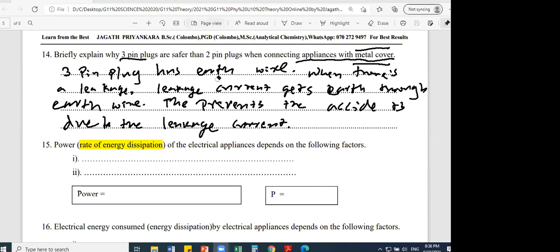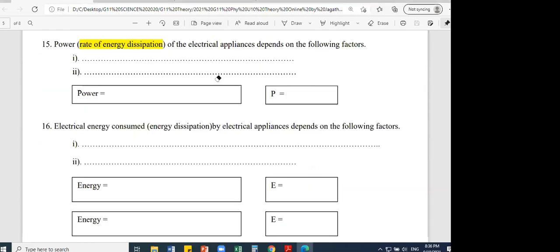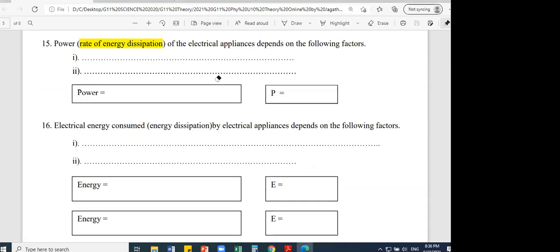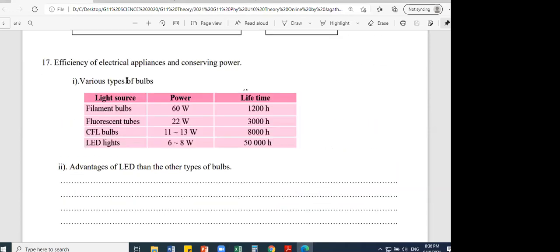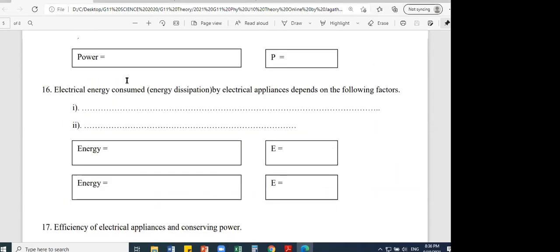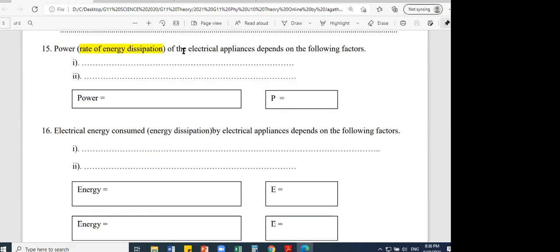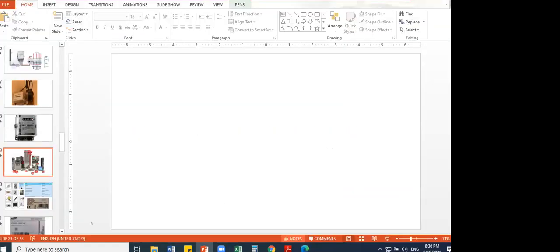Next part. That is the last part of the lesson, power and energy, or the rate of energy dissipation of electrical appliances. Before I complete this last bit, I am going to ask you a few questions. I'll move back to the PowerPoint slide now. Okay, you can see the screen now.